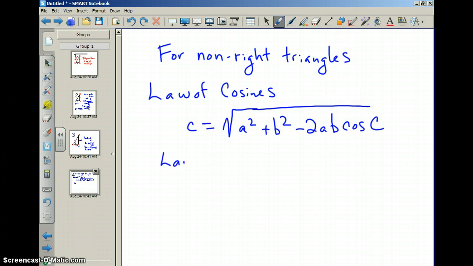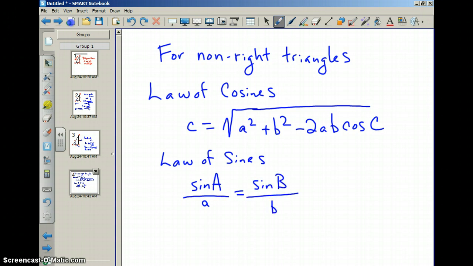And our law of sines says that the sine of angle A divided by the length of side a must equal the sine of angle B divided by the length of side b, which must also equal the sine of angle C divided by the length of side c.